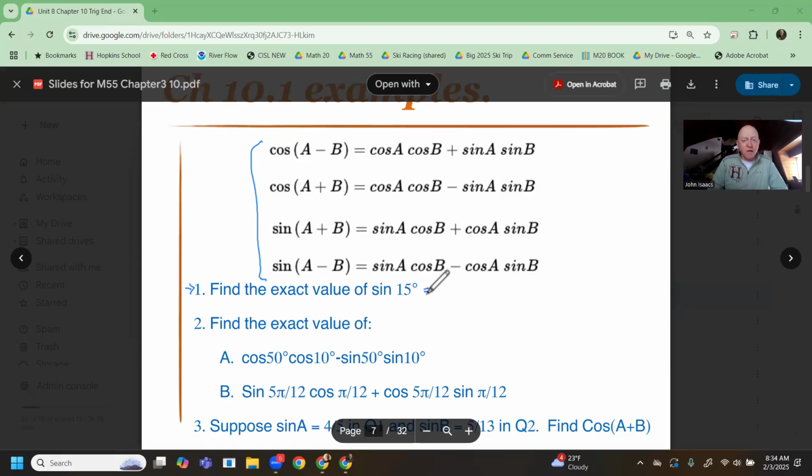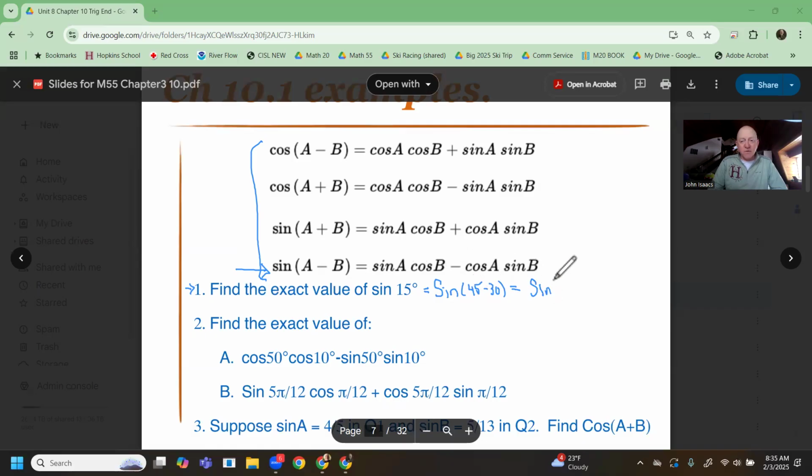So we're going to apply the formula so that we have sine of, I'm going to use 45 minus 30. Seems like the most obvious one to do. All right. So 45 minus 30 is 15. So I'm just replacing 45 minus 30 with 15. And therefore, I'm going to use this last formula on the page. And that is going to equal sine, I'm just using A as 45 and B as 30.